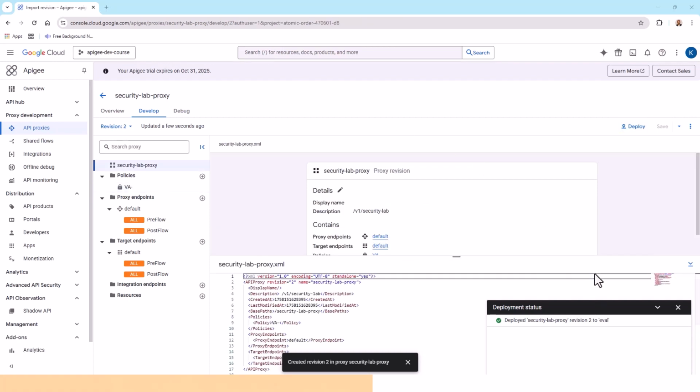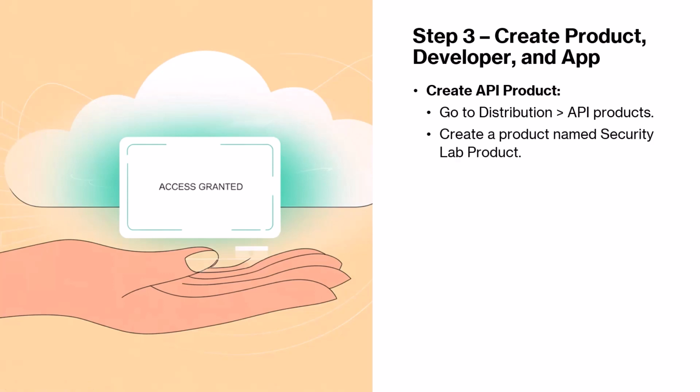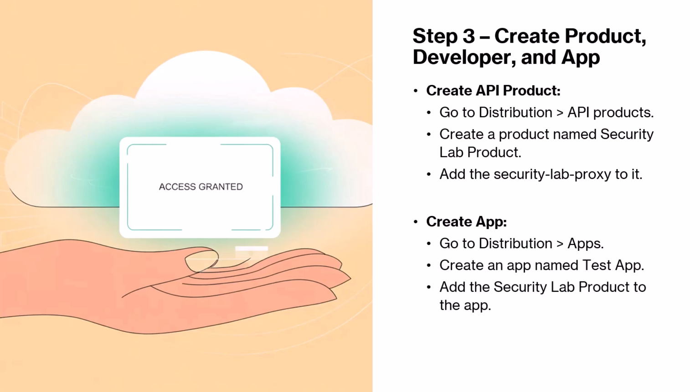Now, after having deployed it successfully, that was part 2, let's see part 3. All right, part 3 is to create product, developer, and app. So we'll have to create an API product and then go to distribution, API products, create a product named security lab product, and add the security lab proxy to the product, and then create an app. Then again, go to distribution, apps, create an app named test app, and add the security lab product to the app.